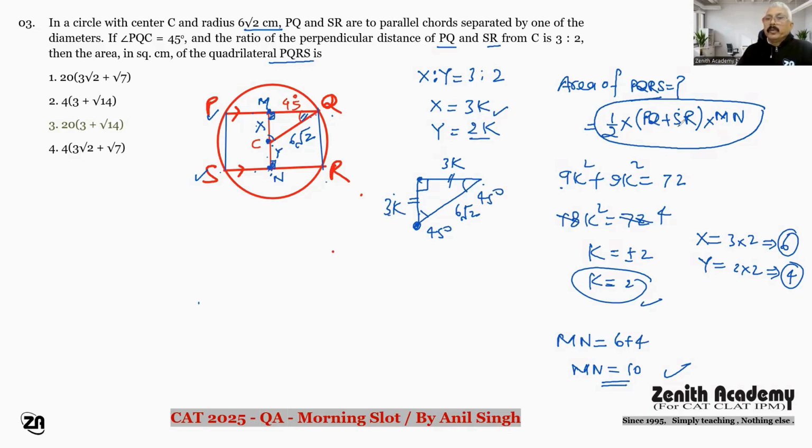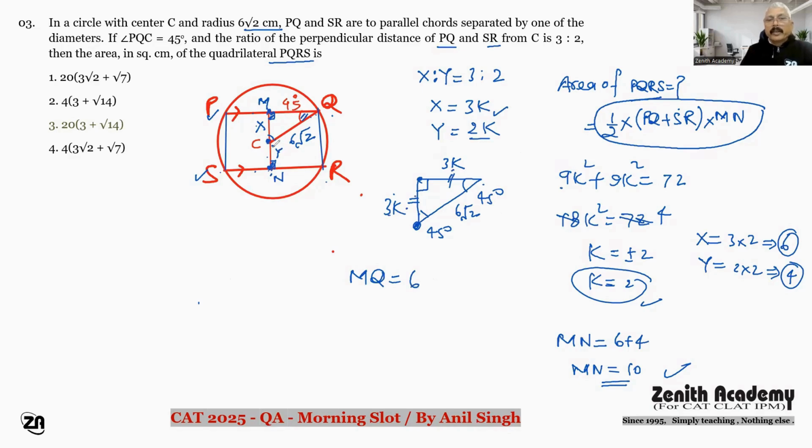Now the matter of finding PQ and SR. So now keep one thing in mind. Here MQ is what? If CM, that is x, is equal to 6, then these two were equal, meaning MQ is equal to 6.